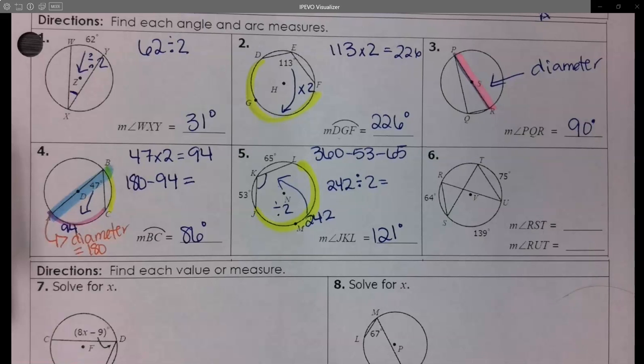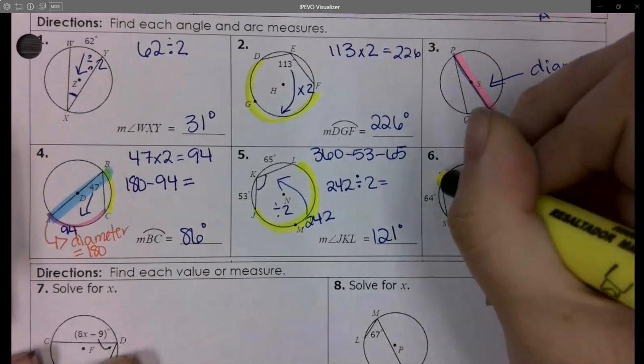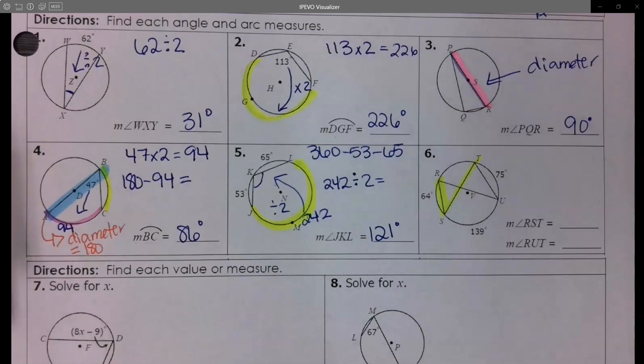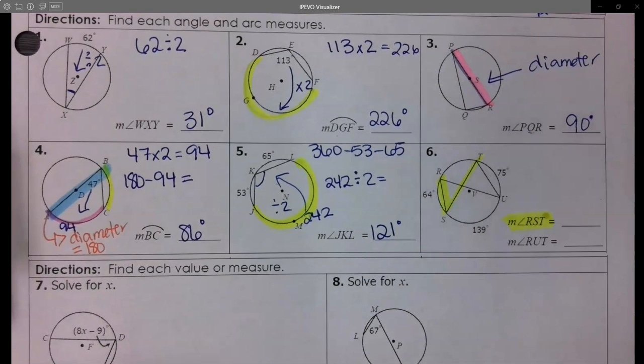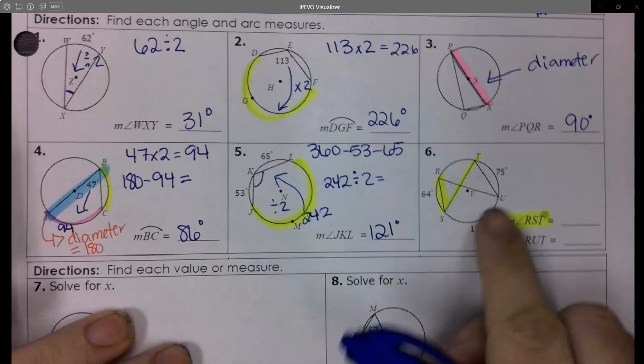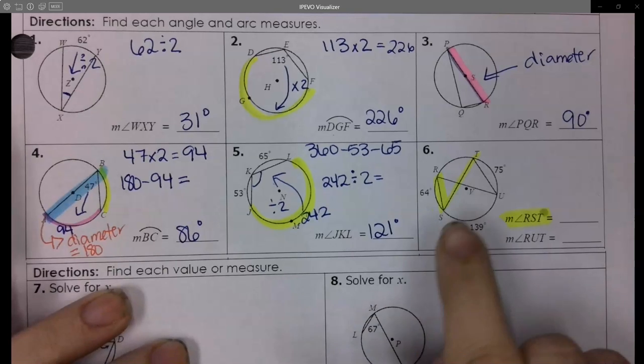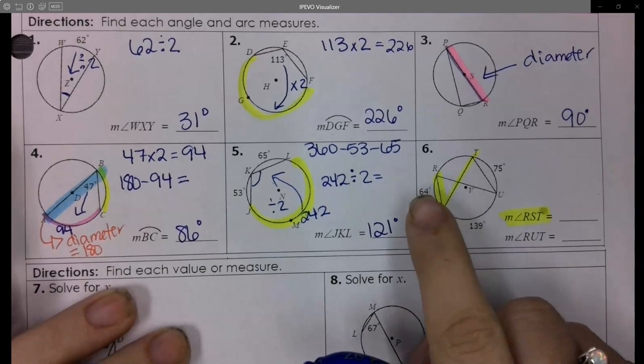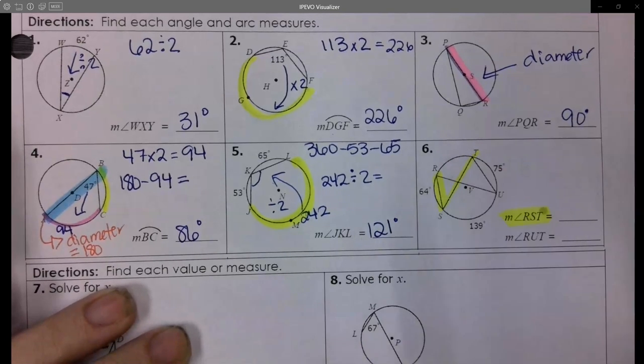Number 6 wants me to find RST. So I'm going to read the angle before I highlight first. This one, again, I know most of my outside arc lengths. I'm going to subtract them from 360 to figure out the arc length for RT.